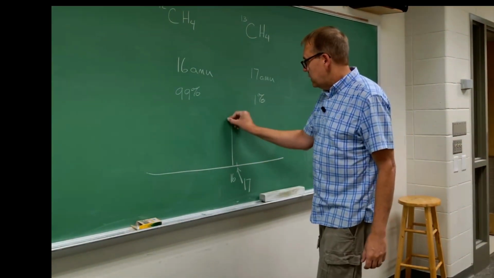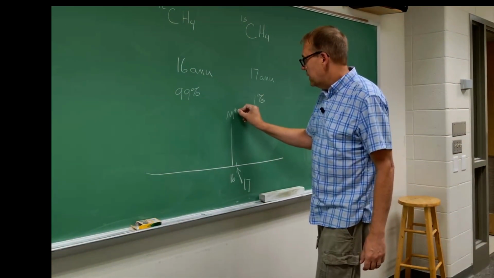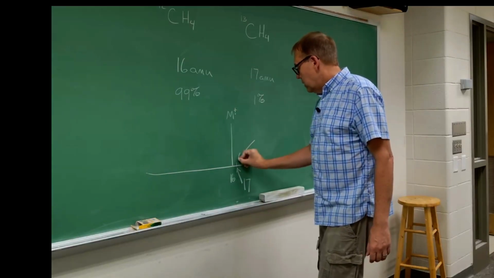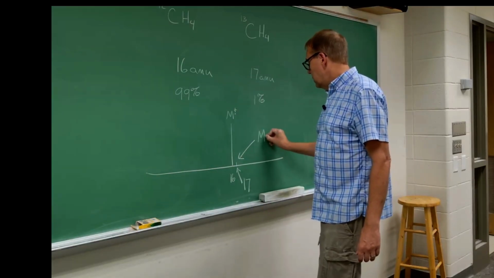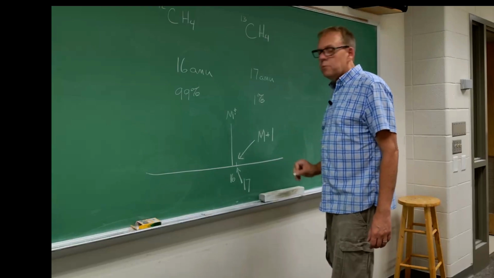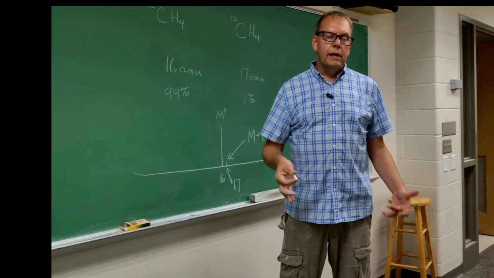This peak at 16 would be the M+ dot, and this one would be what we call M+1. It's still a molecular ion. It's just a molecular ion where there's a C13 in it. There is a lot of information embedded in a molecular ion, so it's important to locate it, know what its mass is, and then learn as much about it as you can.